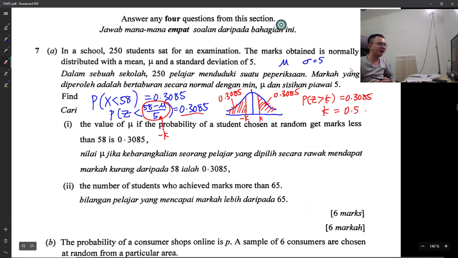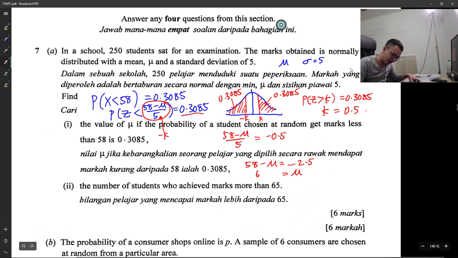So therefore, this value is negative k, right? So I say 58 minus mean over 5 is equal to negative 0.5. Then I'll just solve this equation. So 58 minus mean will equal negative 2.5. So mean will equal 60.5. Alright, this is how we get the mean value.